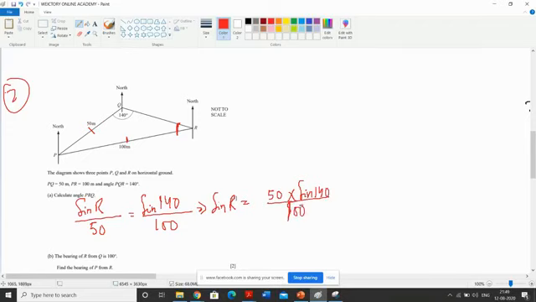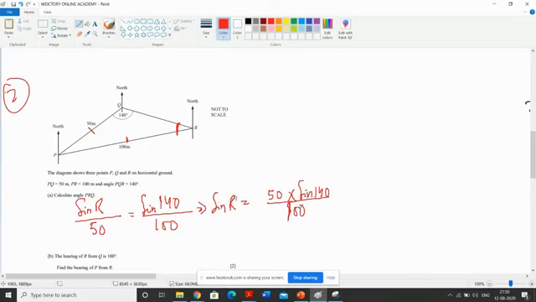So quickly write 50 multiply sine 140 divided by 100.